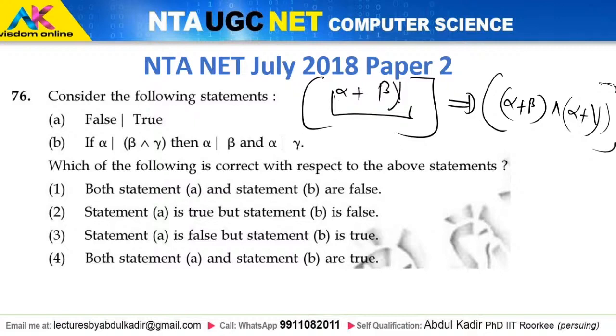Alpha plus beta gamma implies alpha plus beta and alpha plus gamma.